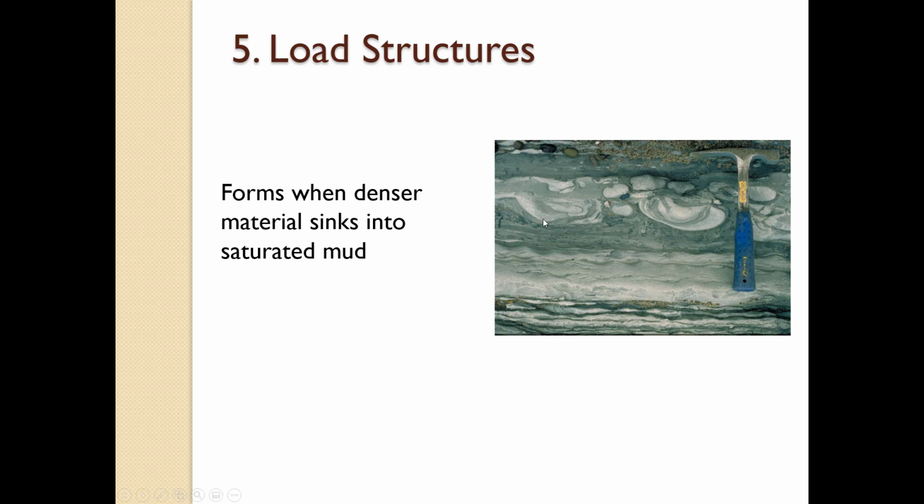So this would have been really muddy, really saturated with water, and then something squished down above it, and that created this load structure. So that tells you that the environment that this was deposited in was water saturated for sure. Probably stagnant water. You can see that there's some parallel laminations in this section. You can see that wasn't always stagnant water, because some of the older chunks of this rock show some little ripple patterns, which we'll talk about shortly.